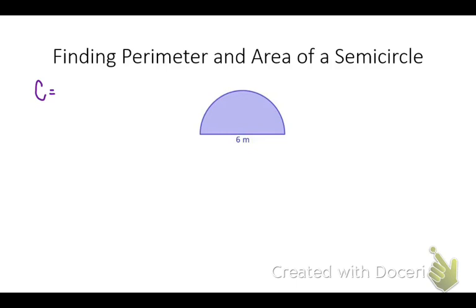What do you guys think? Pi d, right? Because 6 is the whole diameter. So C equals pi d, but then what do you have to do? Divide by 2, but then what do you have to do? Add the diameter, okay? So that's my formula. Pi d to find the whole circumference, divide by 2, because it's a semicircle, and then go back and add the diameter.